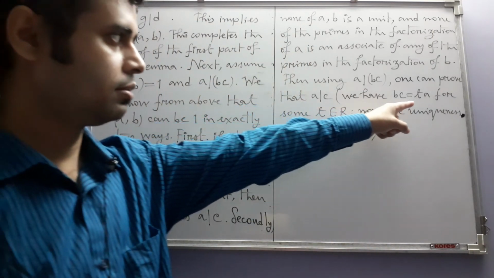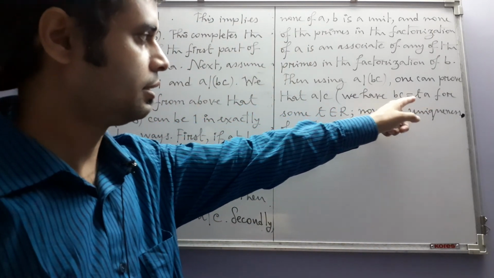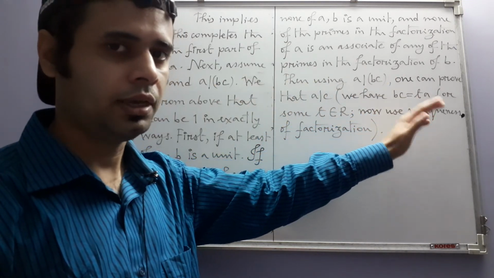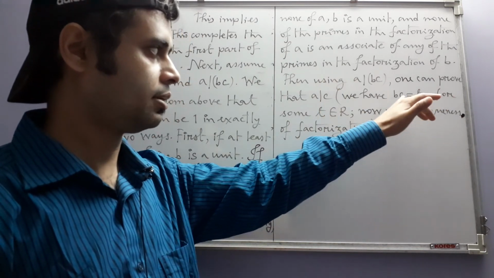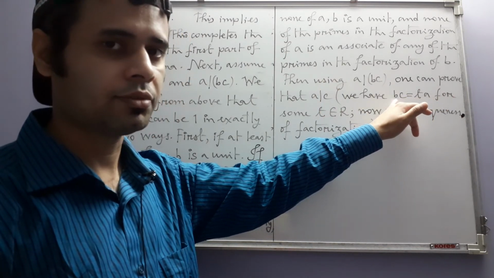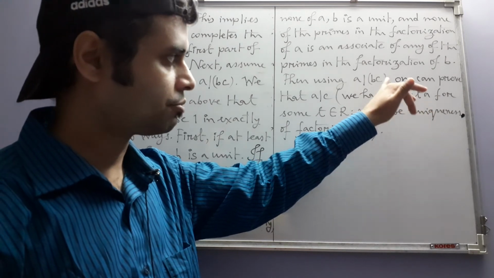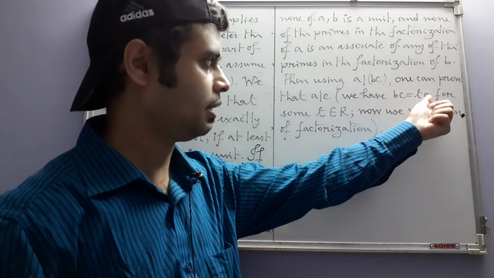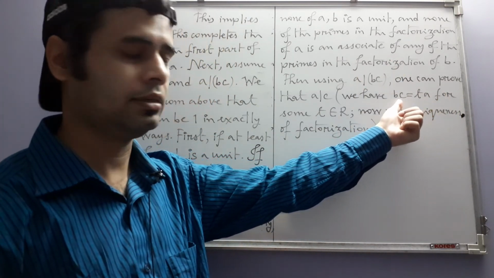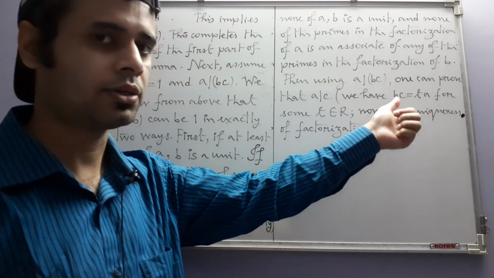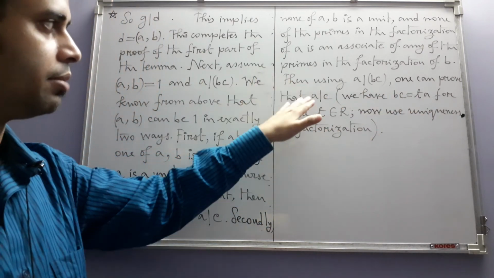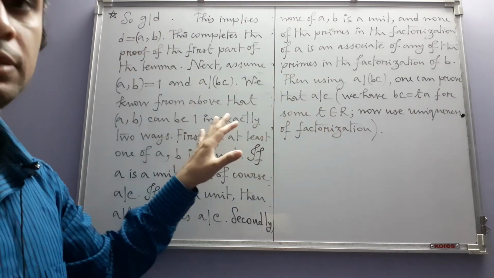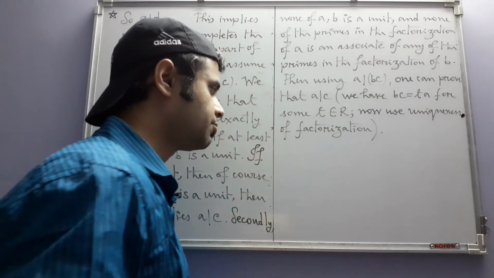In this equation, you use uniqueness of factorization, taking into account the fact that in the factorization of A, no prime is an associate of any prime in the factorization of B. From that, you will see that you must then conclude that every prime in the factorization of A is an associate of some prime in the factorization of C. From that you will be able to show that A divides C. It's somewhat like showing that G divides D. Okay, so this I leave to you.